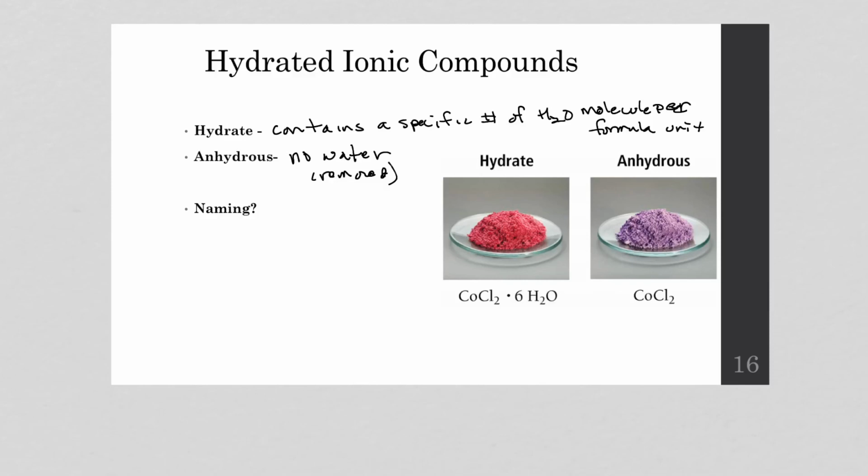But how do we name these? So let's just look at this one. So here's our compound. We're going to name the ionic compound part of this just like we would any other ionic compound. So we're going to have the cobalt here and the chloride. So we can easily recognize that the chlorine is going to have a -1 charge.